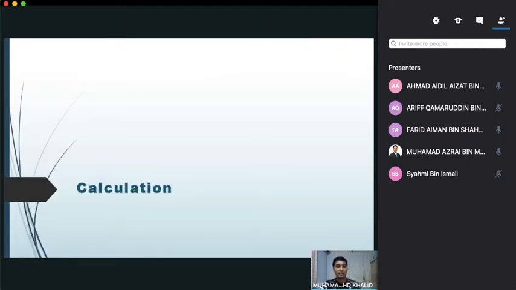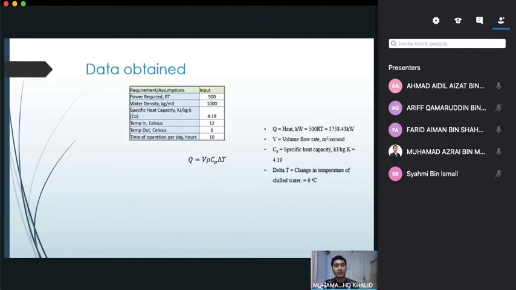Then the calculation, I will describe the calculation for the thermal energy storage. From our obtained data, as you can see, our design is 500 RT, and we have our constant water density, specific heat capacity, temperature in and temperature out that we have decided, and also the time of operation per day, which is we will run during the night time.